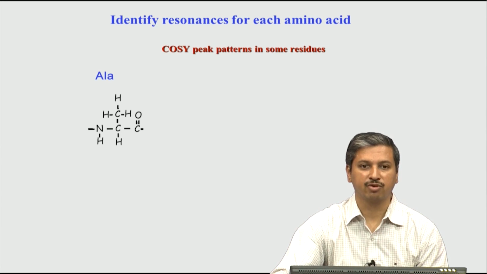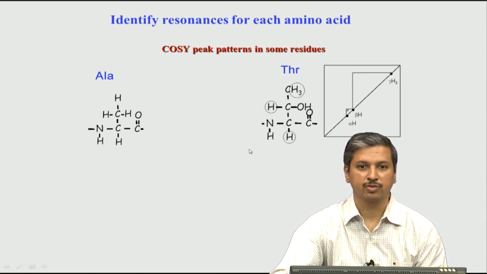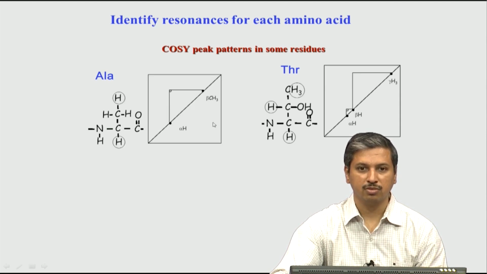We will look at a few examples of a peak pattern. Given that we have 20 types, let us look at how an alanine COSY pattern, this is proton to proton COSY, will look like, and how the peak pattern of another amino acid, threonine, will look like. This is shown here.